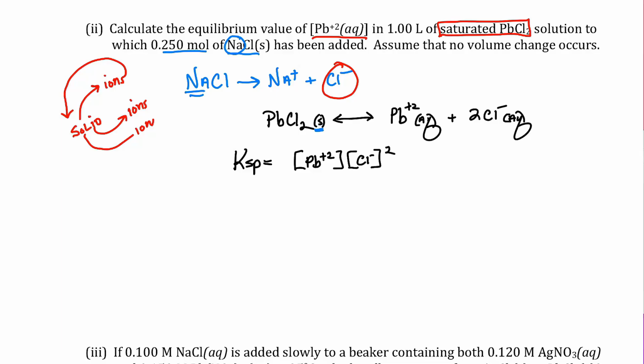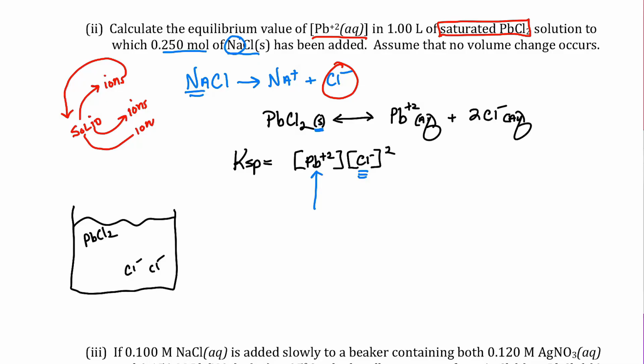So what they're saying to us is, hey, what is this concentration here? Remember, brackets mean molarity. If we have a common ion of chloride ions already there, and as I spoke to you about in class, the best way to think about this is having the chloride ions in there and then dropping the salt, in this case the PbCl2.